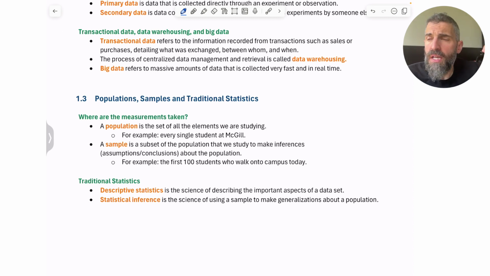For example, if I wanted to know what the average profit is for a company in its first year of business, or startup, let's say. What is the average profit that a startup makes in its first year of business? Well, the population would be every single startup that ever existed. That's a lot of startups, right?